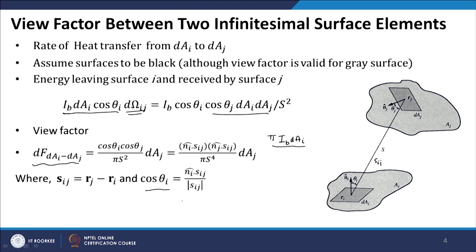This is the angle cos theta I. So, we replace the cos theta I and cos theta j with these vector quantities, and we get the value of view factor as Ni dot Sij times Nj dot Sij divided by pi s power 4 into dAj. So, we can sometimes use vector notation to evaluate the view factors, or sometimes we can use the trigonometric angles to calculate the view factors.